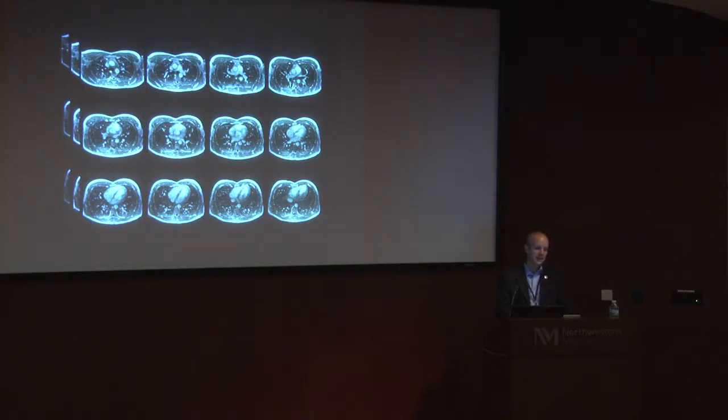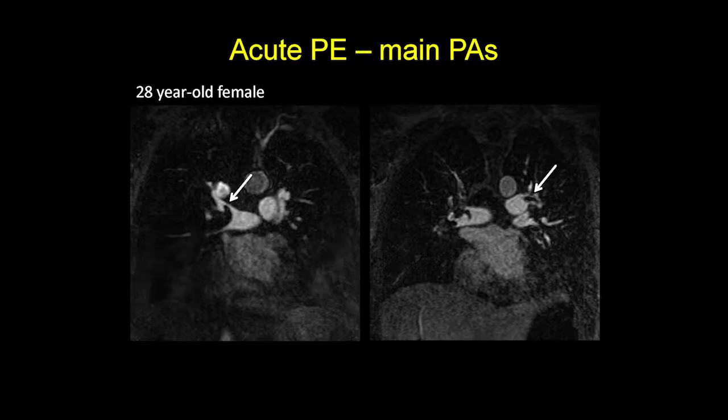And in the case of these high spatial resolution images, isolating your image acquisition to when just the pulmonary arteries are enhanced is less of an issue. You can use the high spatial resolution to differentiate the pulmonary arteries from the pulmonary veins. So what do PE look like on MRA?